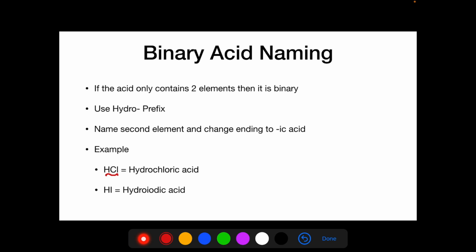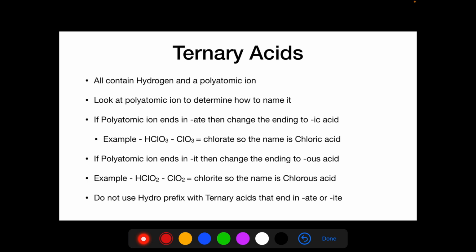We change chlorine, Cl, to chloric, and then put hydro in front of it, so we end up with hydrochloric acid. HI, I being iodine, we change that ending to iodic, so it's hydroiodic acid.